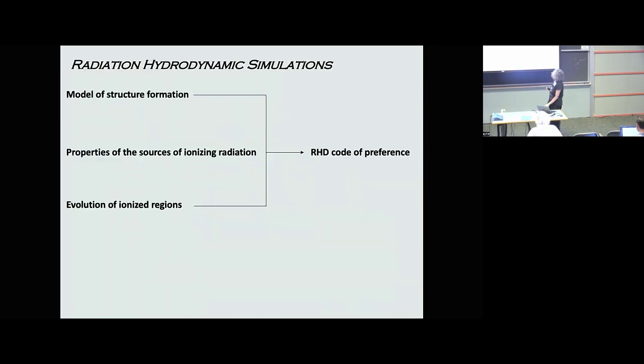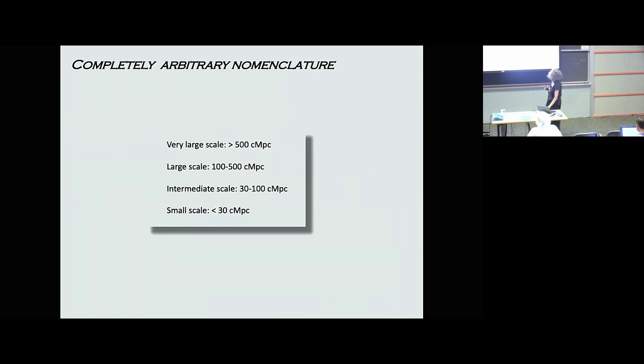First of all, a completely arbitrary nomenclature that I will use. I'm going to define very large scale, about 500 comoving megaparsec, large scale between 100 and 500, intermediate scales between 30 and 100, and then below 30 small scales.